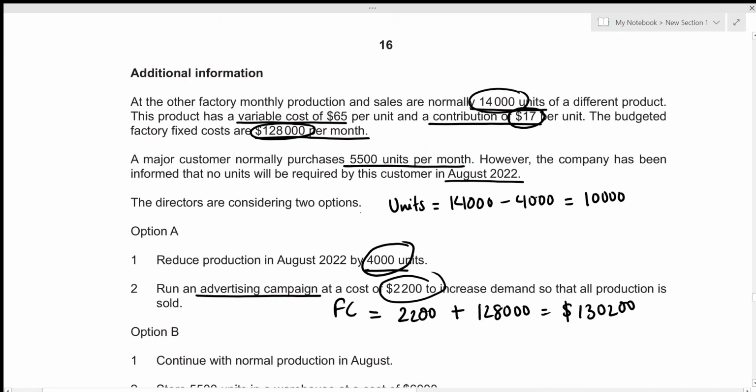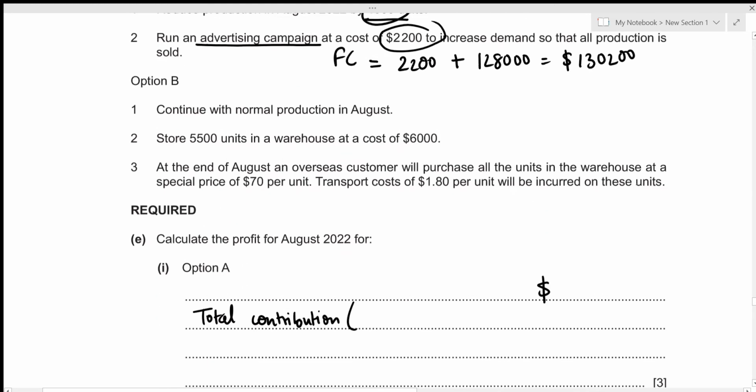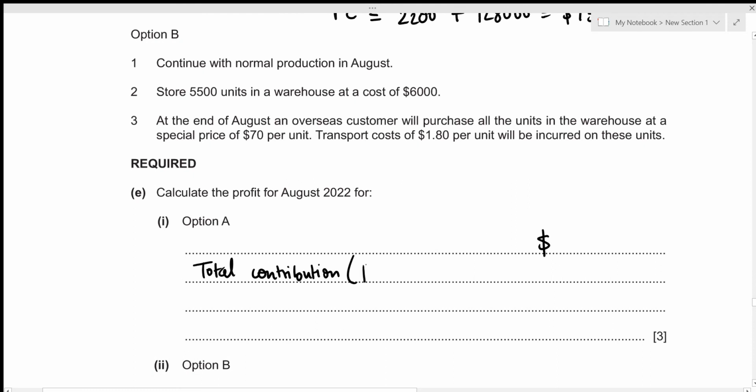The contribution per unit is 17 and the total units produced is 10,000. So that's 17 times 10,000, which gives the total contribution to be 170,000.